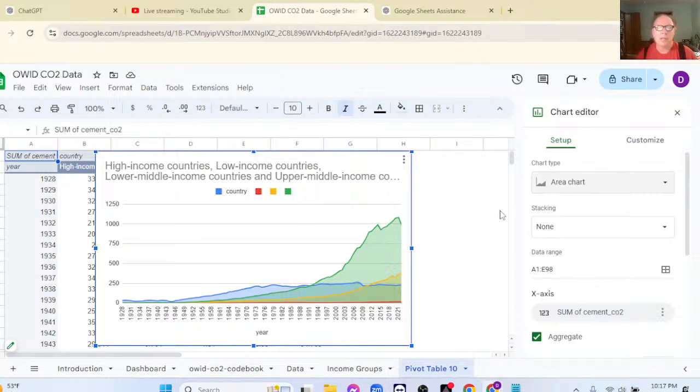We're not getting the column headings, are we? I wonder why.